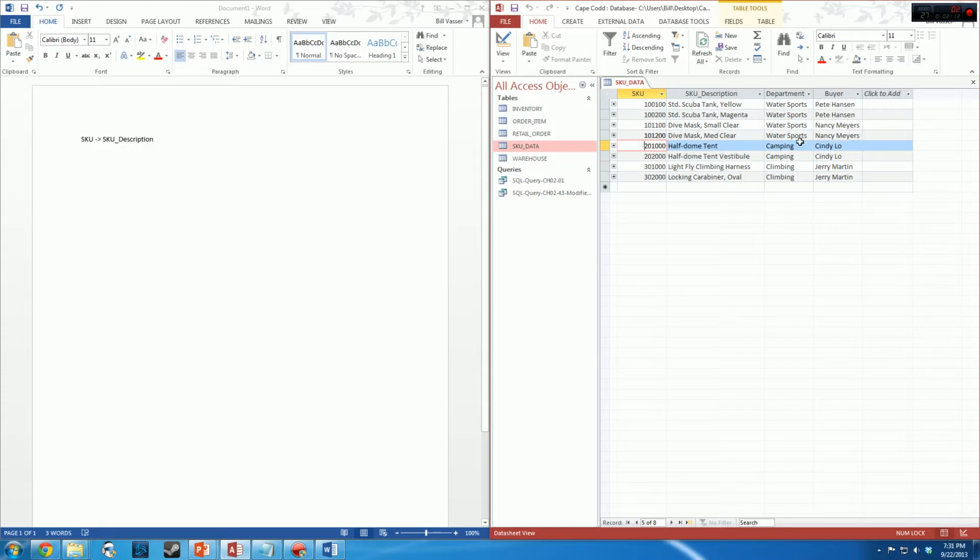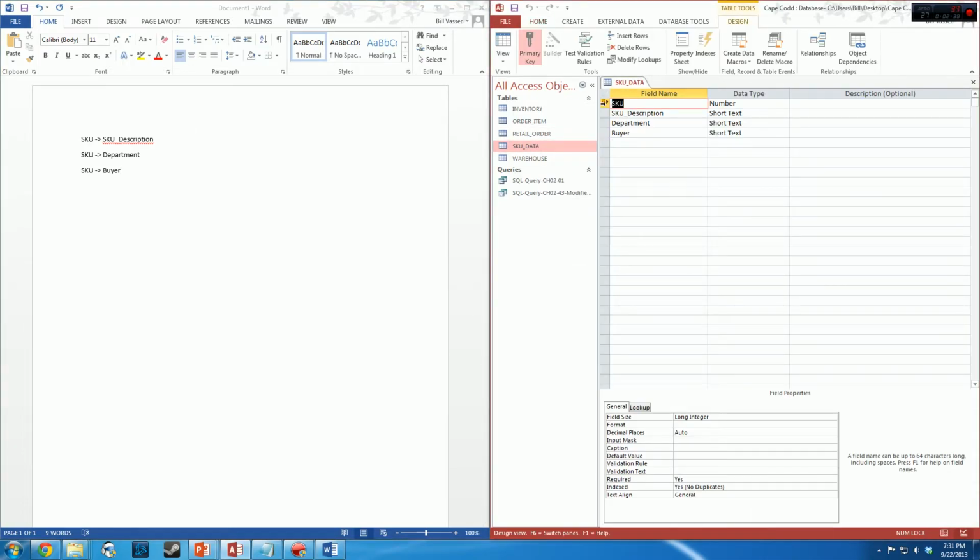SKU 201 1000 is always a half dome tent. Okay. Well, is it always camping? Yes, it's the only one. Is it always Cindy Low? Yes, it's the only one. So we can say SKU also determines department, and SKU also determines buyer. Just as a hint for you guys, if you look at the design, we notice that SKU is the primary key.